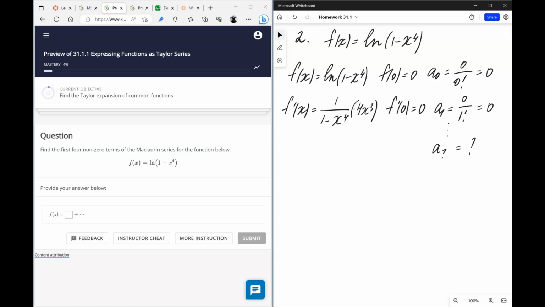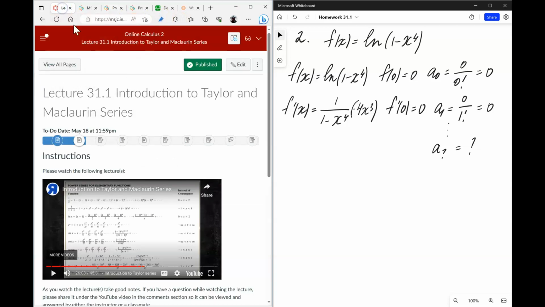Now, an alternative way will be to take a look at the table of Taylor and Maclaurin series, and in that table look for this identity. Actually, this is not the best one here.